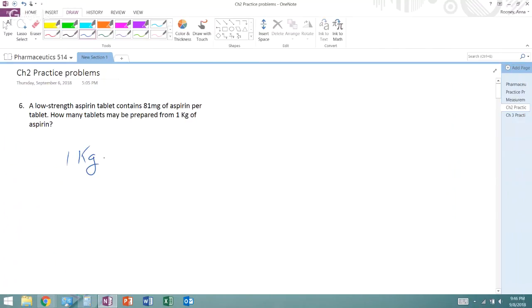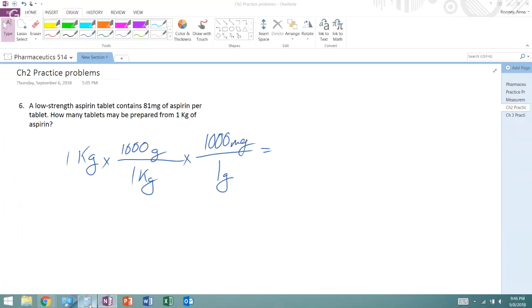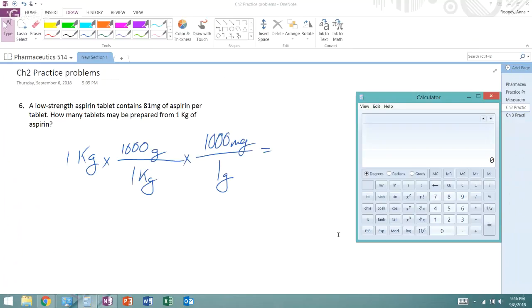So we have 1 kilogram, and we need to convert that to milligrams. So we have 1,000 grams per 1 kilogram, and then we have 1,000 milligrams per every 1 gram. And so you will find, I'm just going to do it on the calculator just to show.